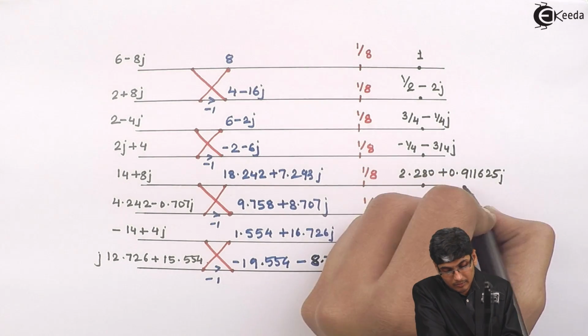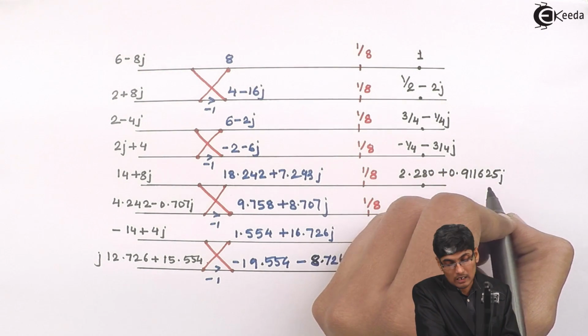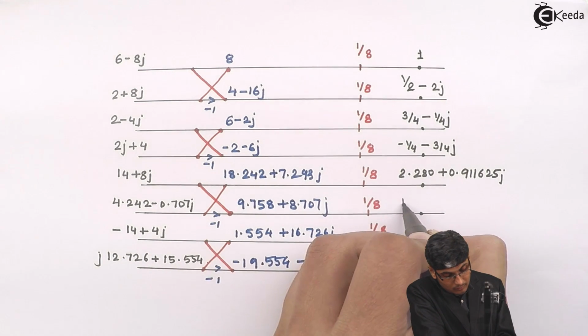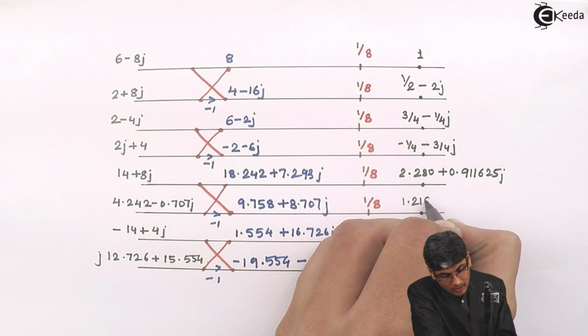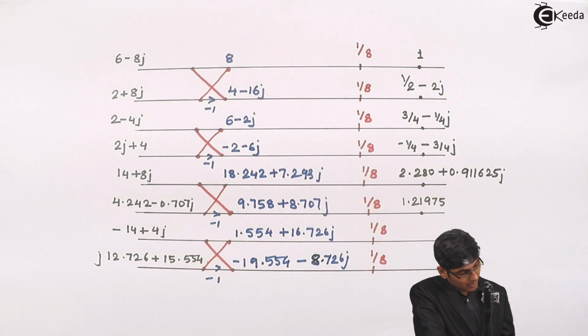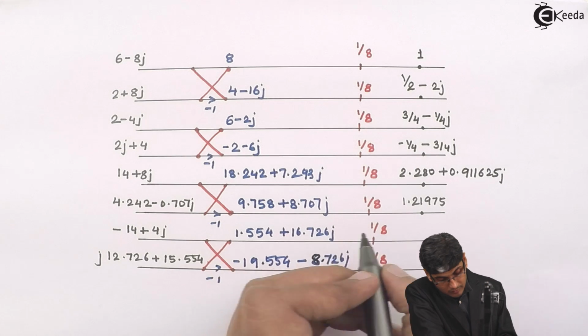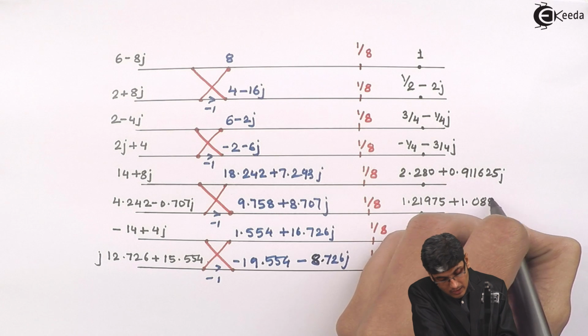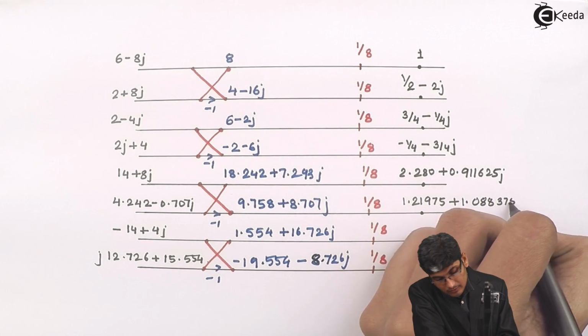Okay, this many digits have been purposefully taken so as to minimize the error in the samples. Next is 9.758 divided by 8, which is 1.21975, and then we have 8.2707 divided by 8, which will give me a value as plus 1.088375j.